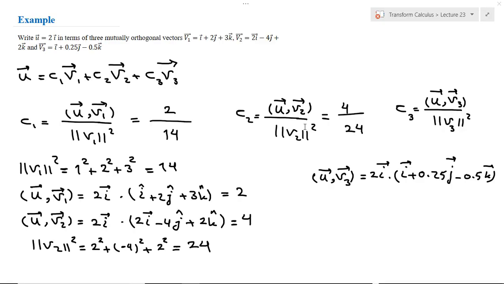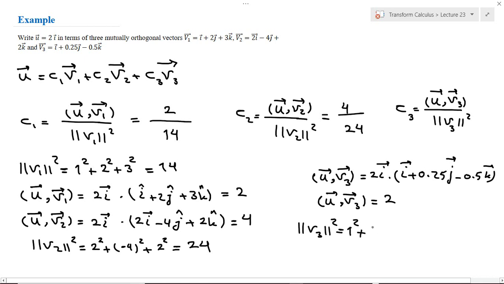As a result, the inner product of U and V3 is equal to 2. Now I have to find the magnitude of V3 squared, so it's equal to 1 squared plus 0.25 squared plus minus 0.5 squared, so it's equal to 1.3125.